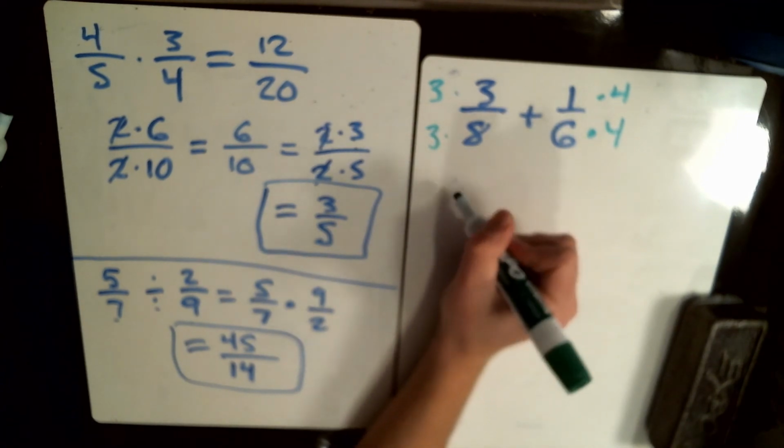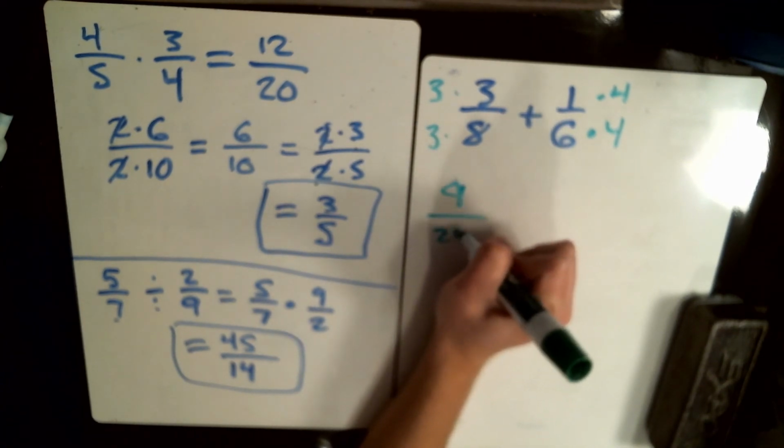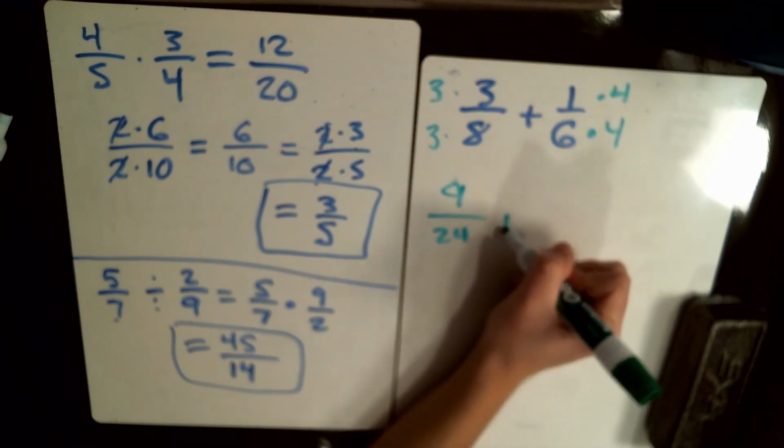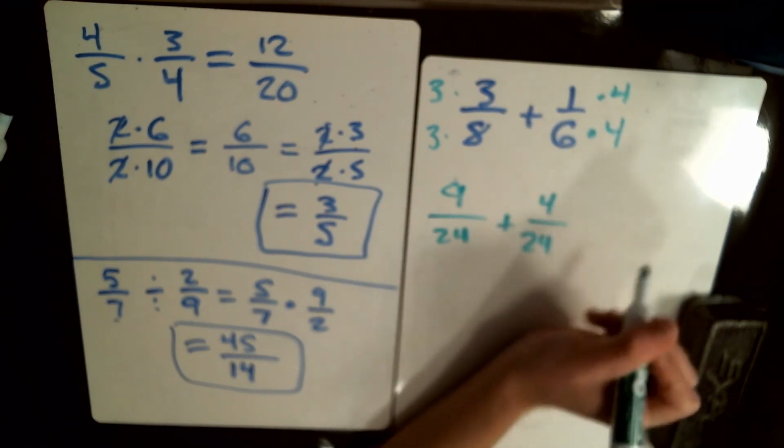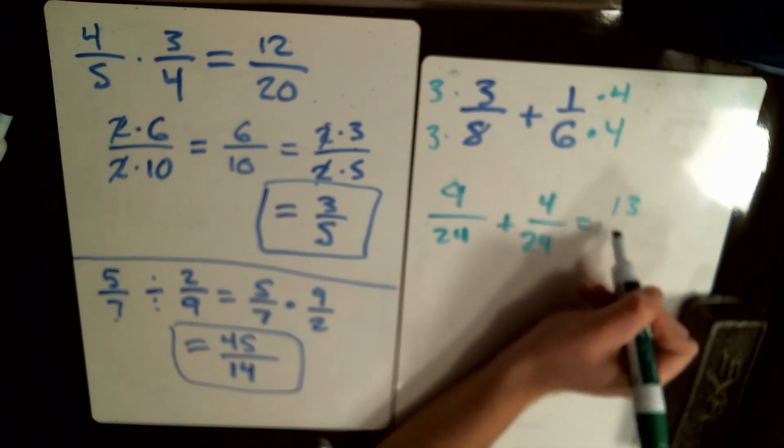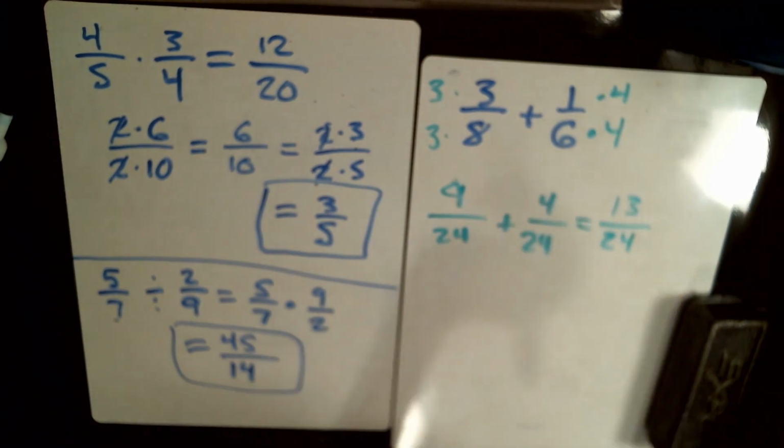This will give us 24. So we get 9 over 24 plus 4 times 1 is 4 over 24, which is 13 over 24. Okay, just add the two tops together after we make a common denominator. Okay.